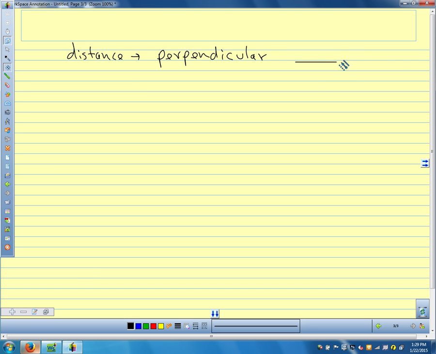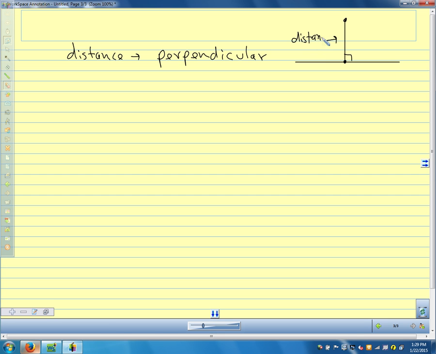When we say straight towards, we knew what we meant, but to be a little more technical, if I want the distance between these two points, between here and here, I want to make sure I make that a right angle. So we make sure we measure the distance at a 90-degree angle to whatever we're measuring. So that's going to come into play for our next theorem.